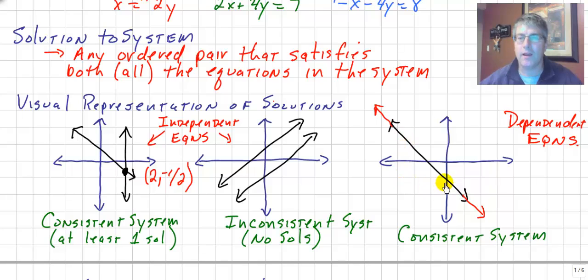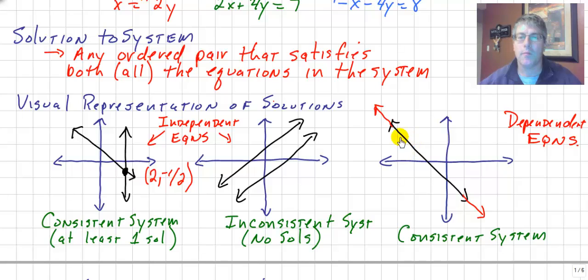And here on the far right, our final representation, we've got two lines. It looks like we've got a red line and a black line, and they are right on top of each other. So that would be the same equation for that line. So we'll have at least one solution. In fact, we'll have an infinite number of solutions.